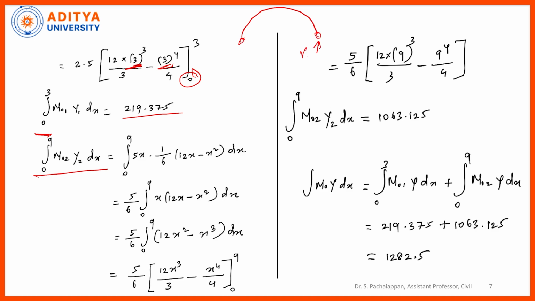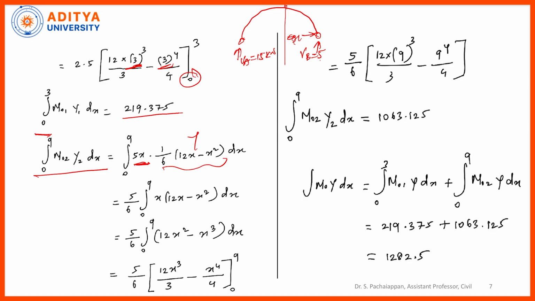Here VB is acting, which is 5, and here VA is acting, which is 15 kilonewton. Now we are talking about the second section, from the right support. So we get 5 multiplied by x, so we got 5x multiplied by the y value, the simplified value of y.